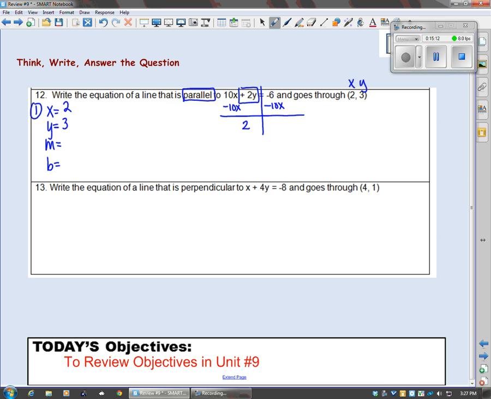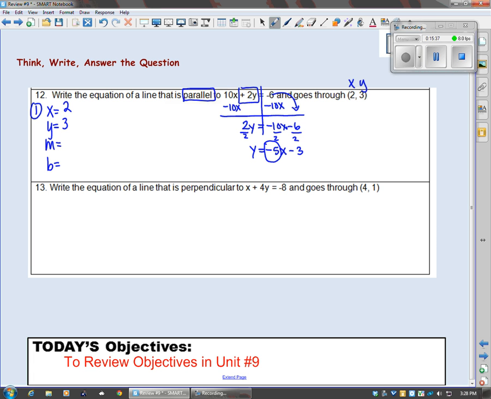So you get 2y equals negative 10x minus 6. The minus 6 free falls. Divide everything by 2. So you get y equals negative 5x minus 3. The only thing that is important here is the negative 5.